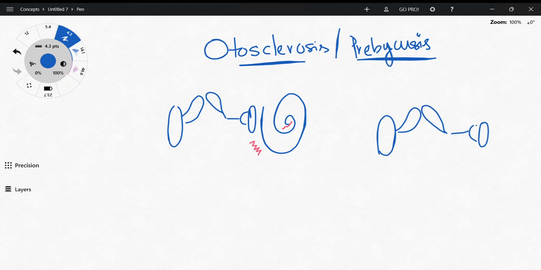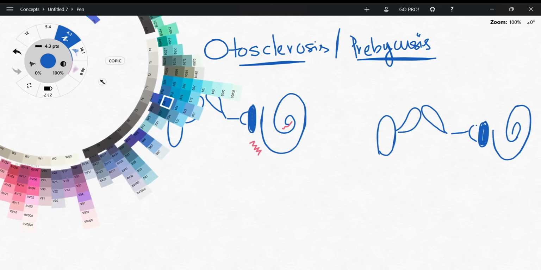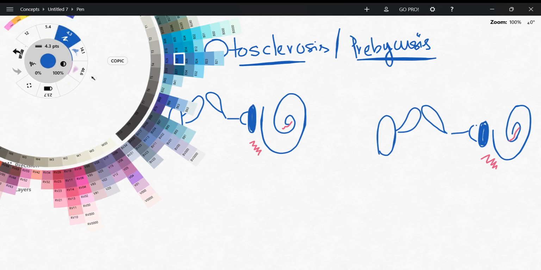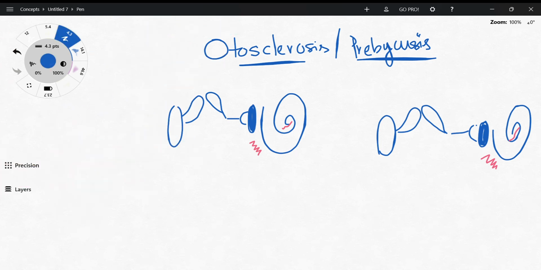I'm just going to color this so you know it's a part of the stapes, right? And this is my cochlea. Let's go back, get the pink. So what is otosclerosis?